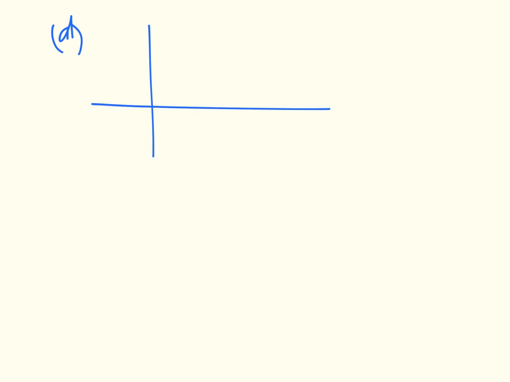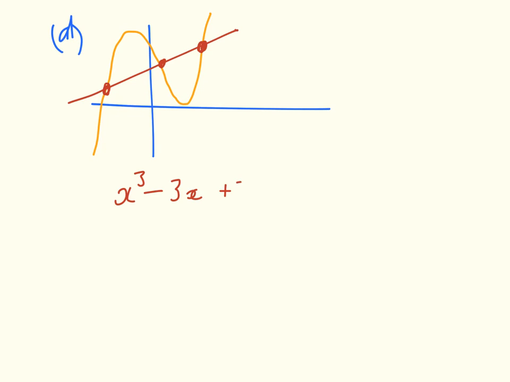I'm going to give a wee bit extra help. Your curve should look something like this, and the straight line y equals x add 2 should look something like that. So what we're trying to find is where the curve and the straight line intersect. We take your curve, which was x cubed minus 3x plus 2, and we put that equal to x add 2.